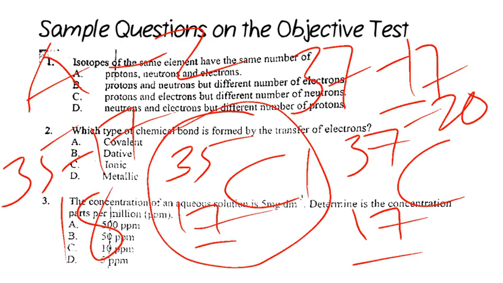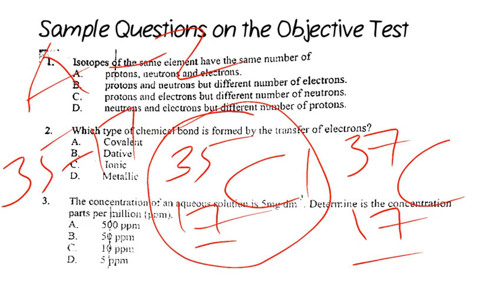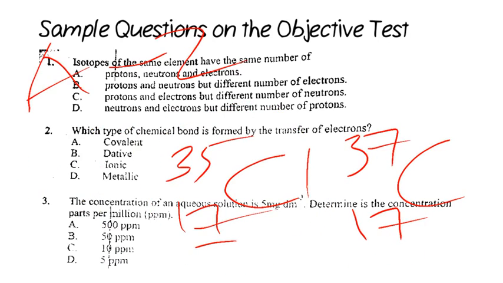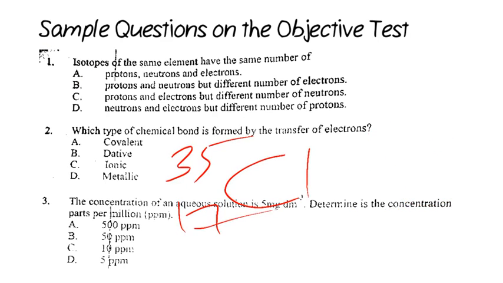However, they have the same number of protons and the same number of electrons. Our answer to this question is going to be C. Isotopes of the same element have the same number of protons and electrons, but different number of neutrons.